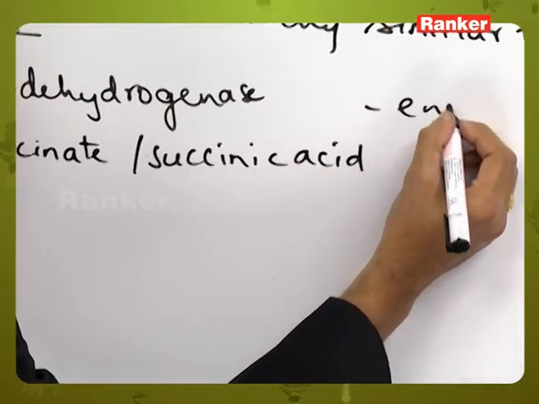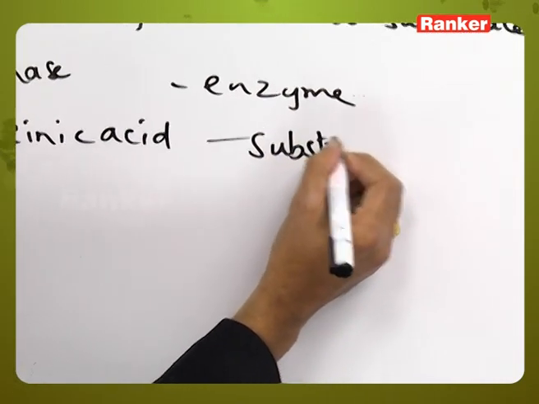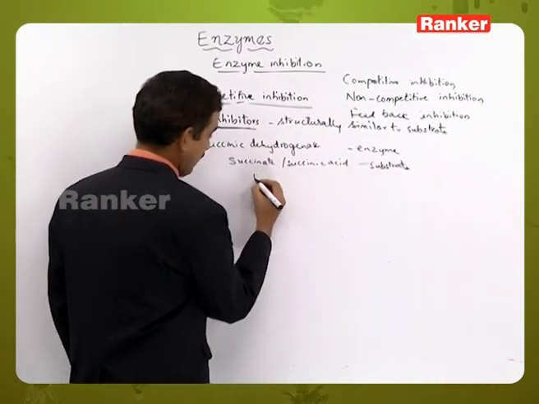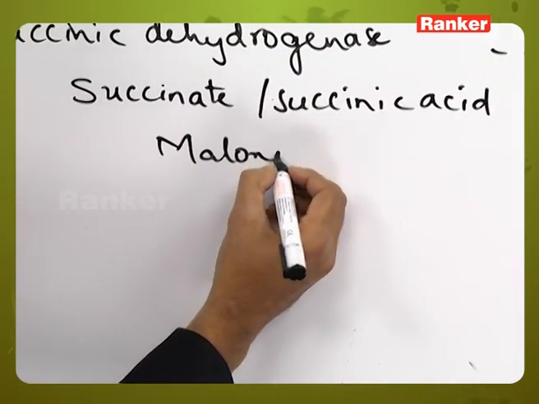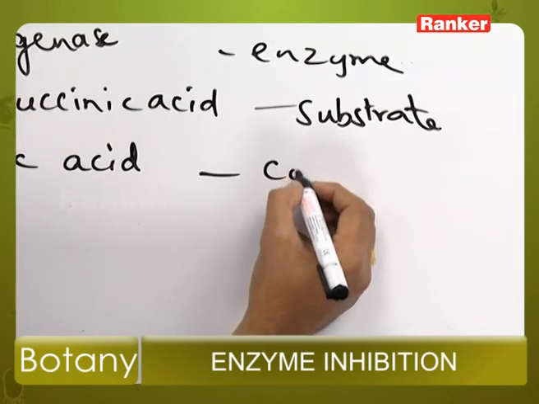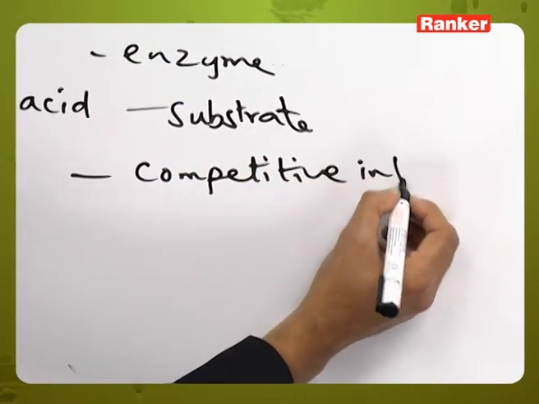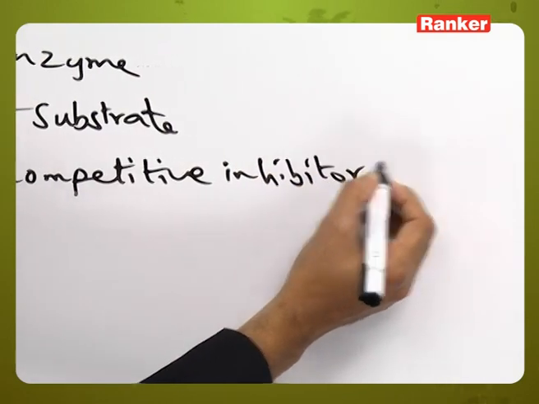So this is the enzyme, this is the substrate molecule, and malonic acid is a competitive inhibitor for succinate molecule.